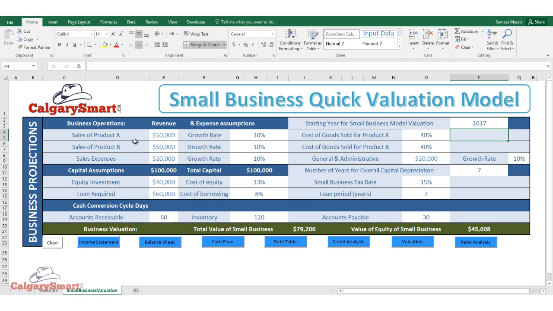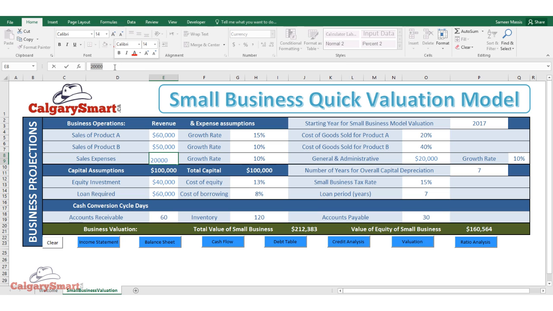And then you can change the projected sales for product A. So let's say this is $60,000 with a growth rate of 15% and the cost of goods sold of, let's say, 20%. And you can also update the other sales of product B. As for the sales expenses, this can be a formula.